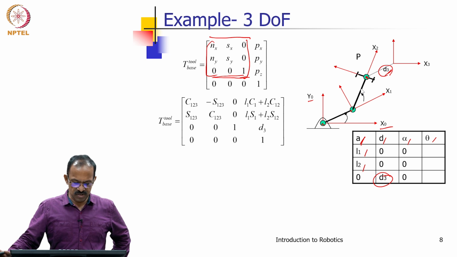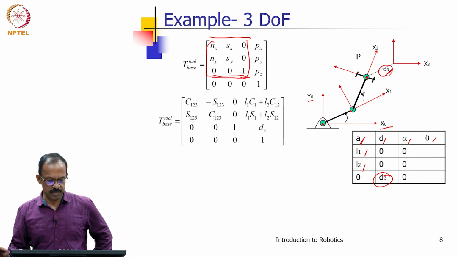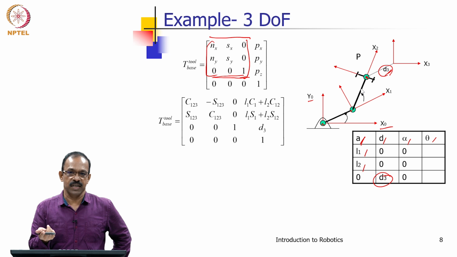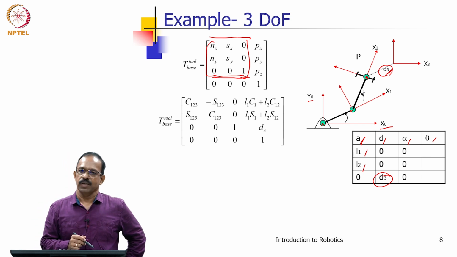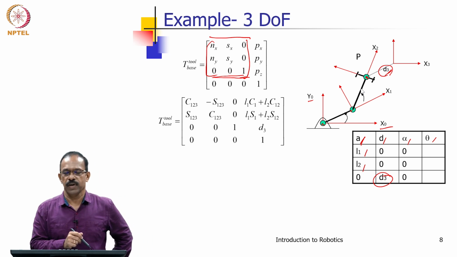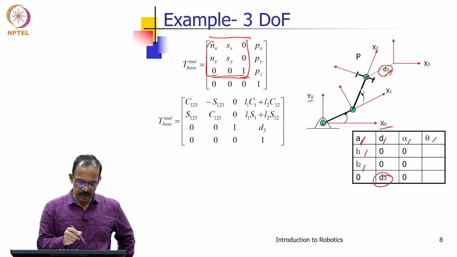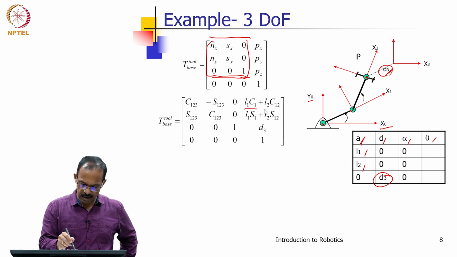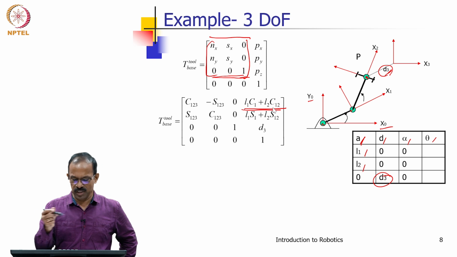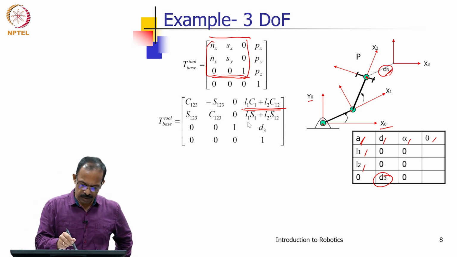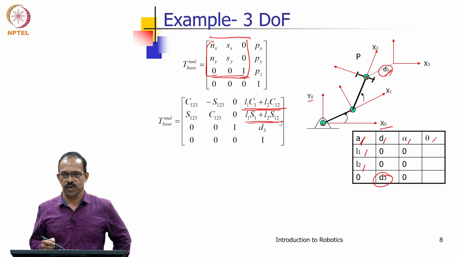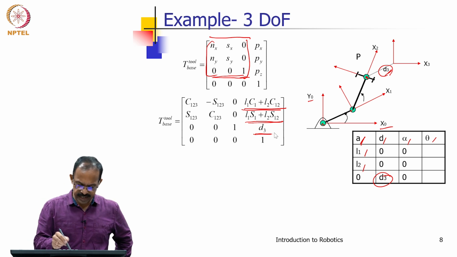So, theta 1, theta 2 are variables. Now, if you write this forward relationship using the transformation matrix, you will be able to find the forward relationship or the arm matrix. It will be like this. Your Px will be L1 C1 plus L2 C12, as we saw in the previous case also. Py will be L1 S1 plus L2 S12 and Pz will be D3.